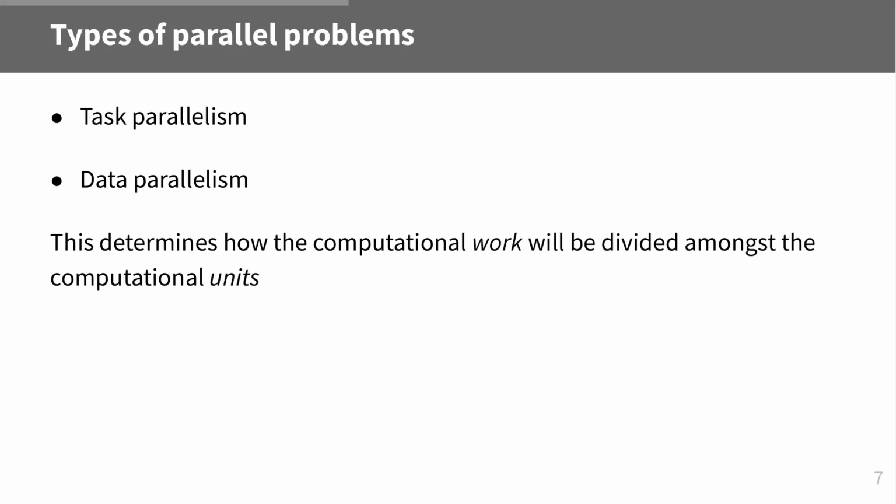And there are two main types of parallel problems. So when you have your big scientific problem, you come up with a numerical method to solve that problem. You want to look at it and see what is the parallel capability for the tasks. In other words, how many tasks are independent of each other that can be executed in parallel. And also data parallelism. And this is really the heart of why we're talking about HPC being for big data, for large scientific problems. Because the more data you have, typically, the more potential you have for parallelism.